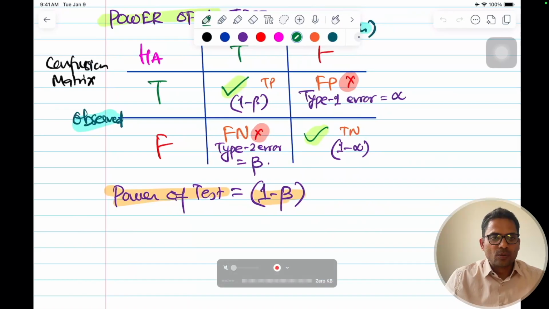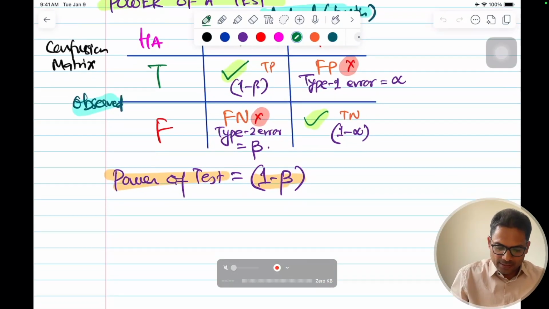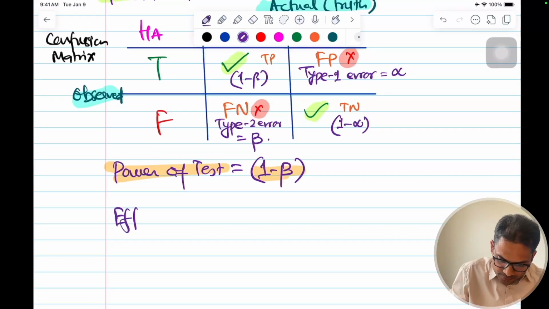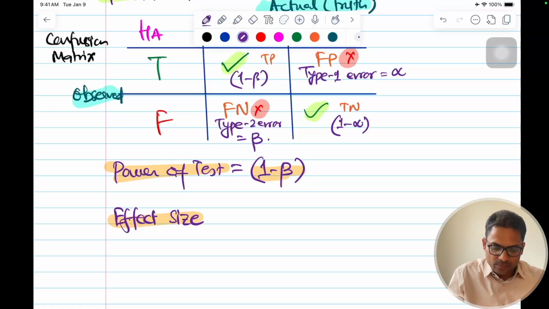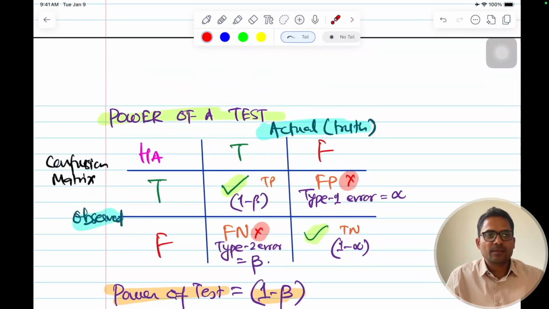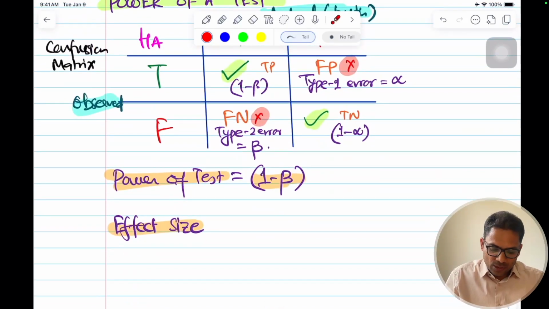Okay, now let's move to the next topic, effect size. So what is effect size? The p-value, or the hypothesis testing whatever we have done, just measures whether what you have tested is statistically significant or not.